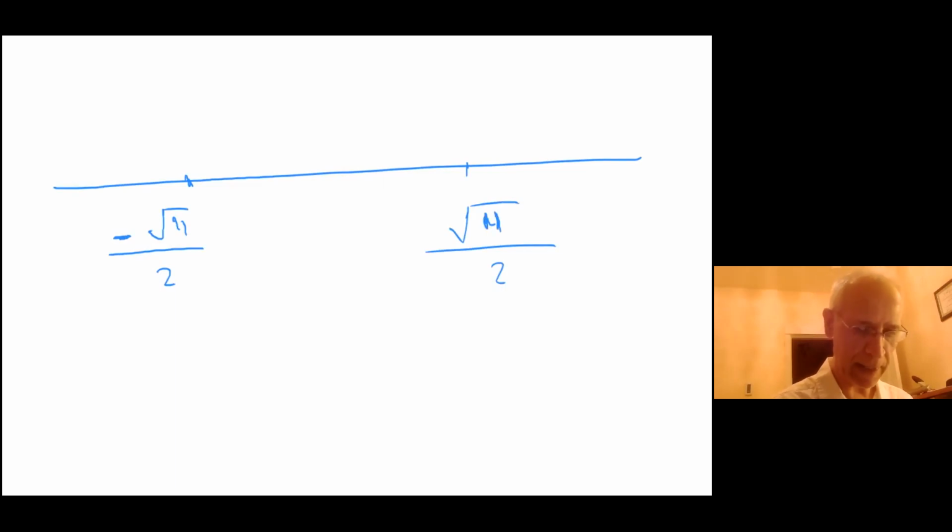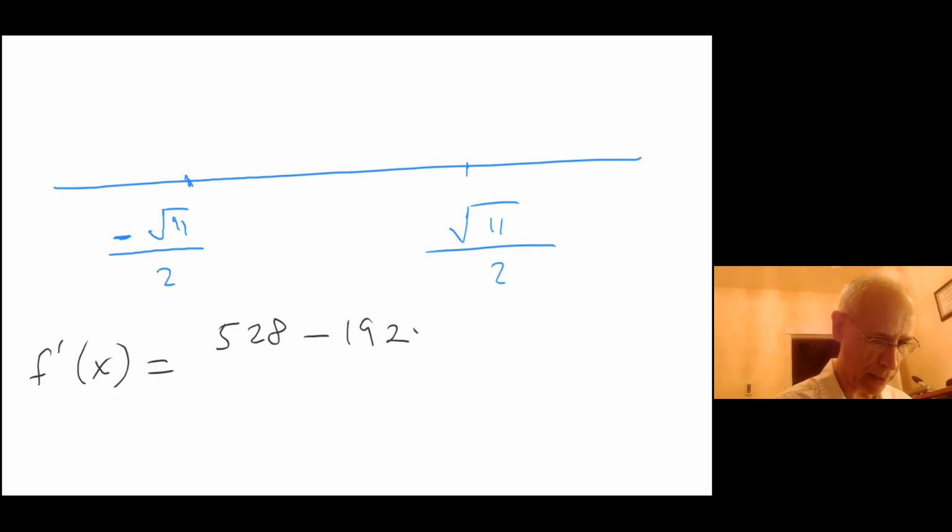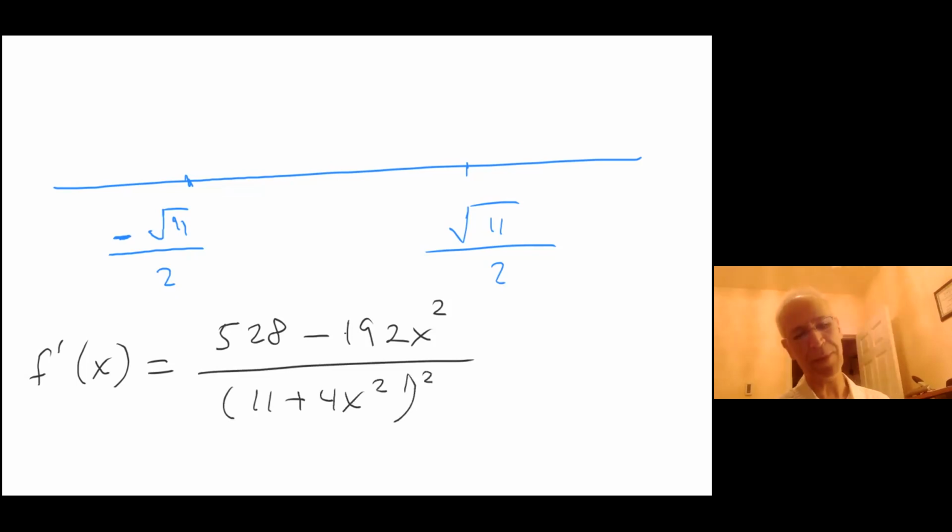And remember that our derivative from the previous page was f prime of x equals 528 minus 192 x squared all over 11 plus 4x squared to the second power.